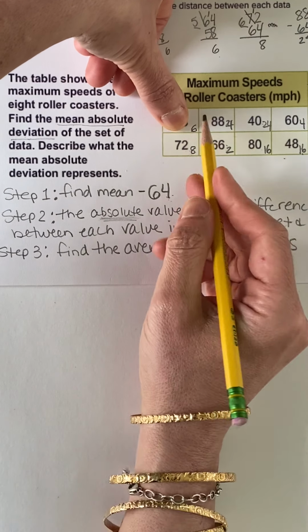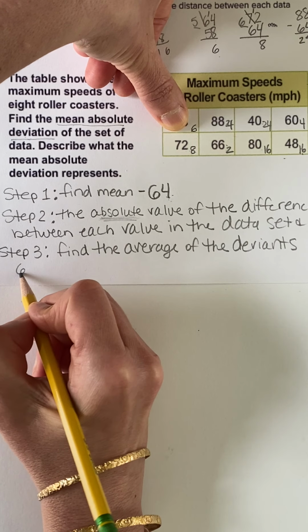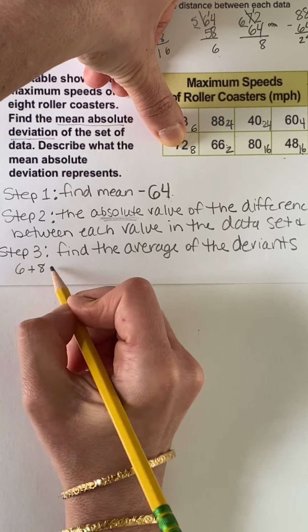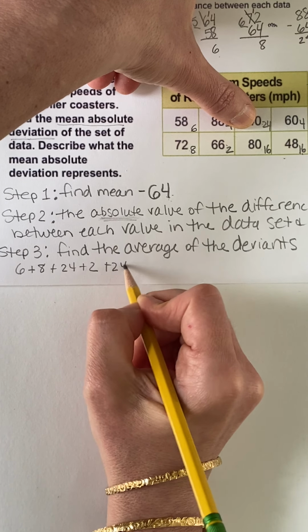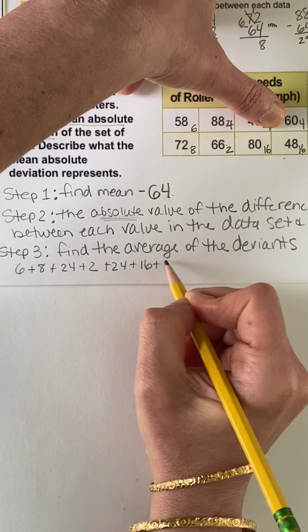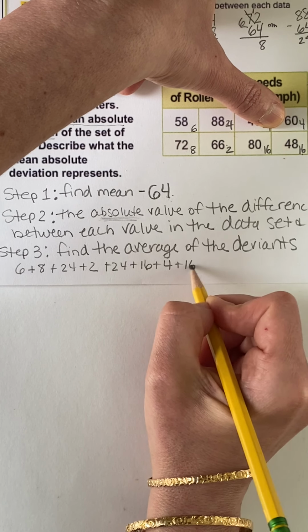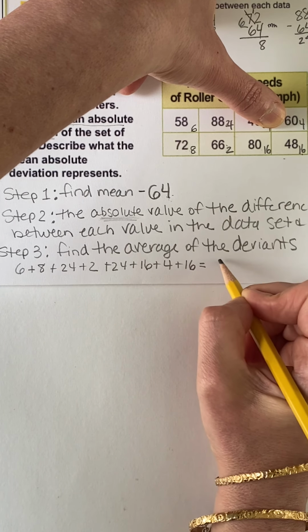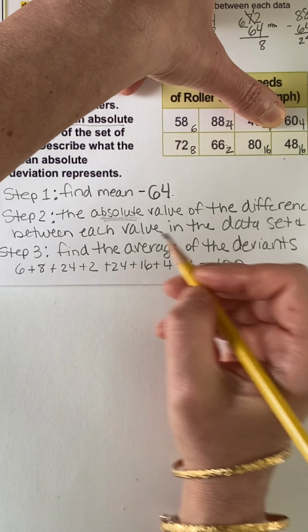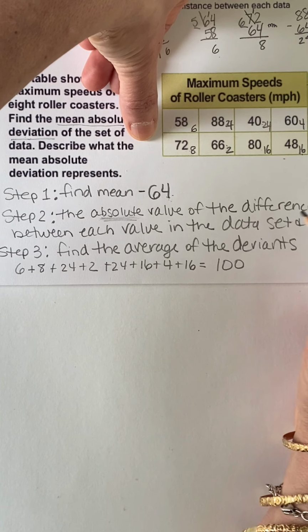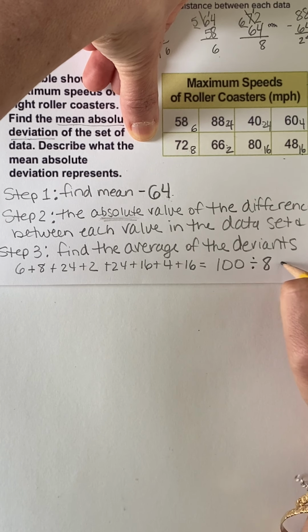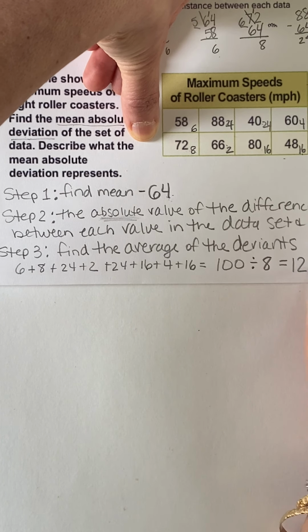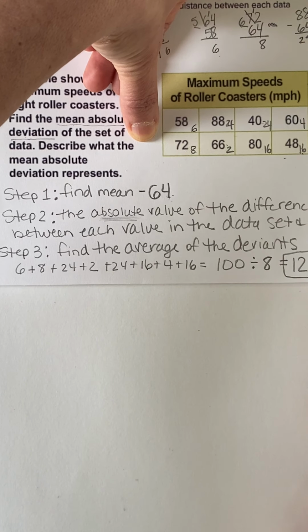So that means I'm going to add 6 plus 8 plus 24 plus 2 plus 24 plus 16 plus 4 plus 16. Did my math on the side. I got 100. Then I'm going to divide that by 8, because there are 8 pieces of data. And I get my final answer is 12.5.